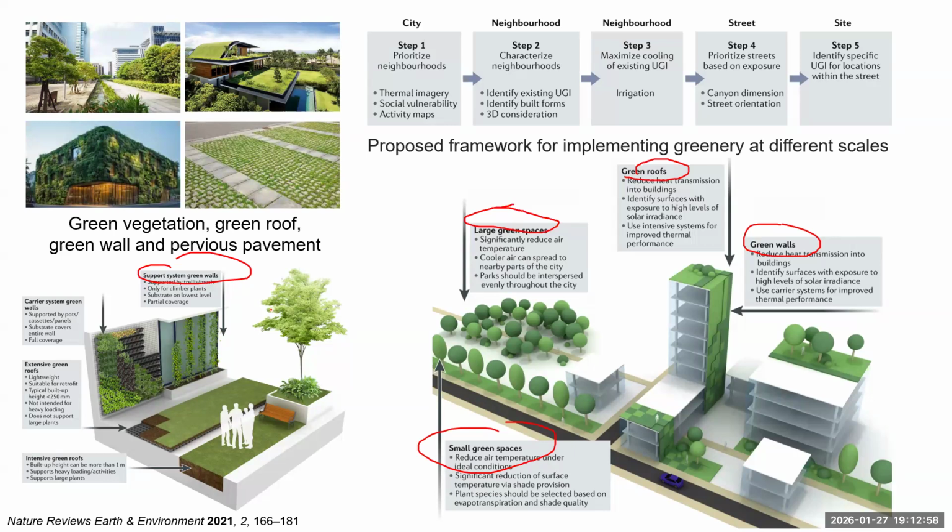Green building architecture is the greenery for our buildings. So at a different scale, from the earth, the forests, to urban forests and large urban green space, small green spaces, green roofs, and green walls, we can introduce the greenery into our buildings and into our cities.